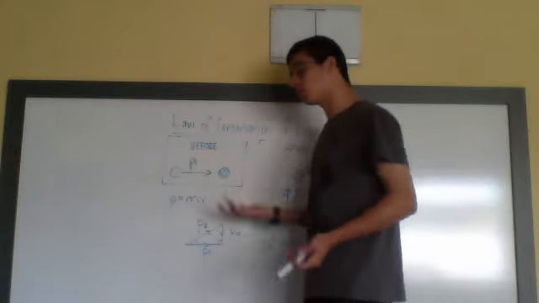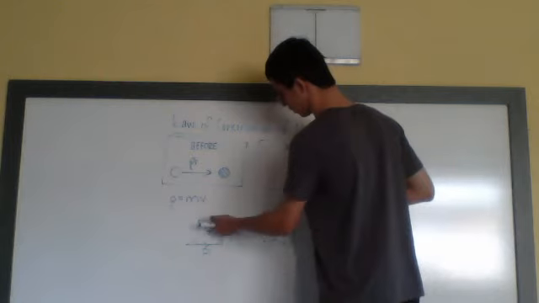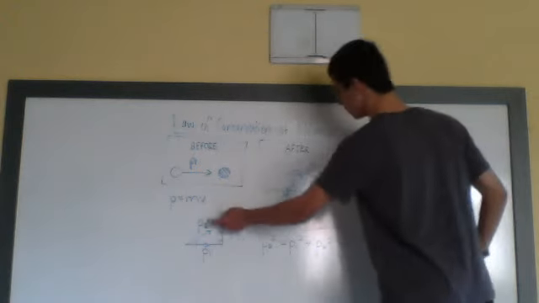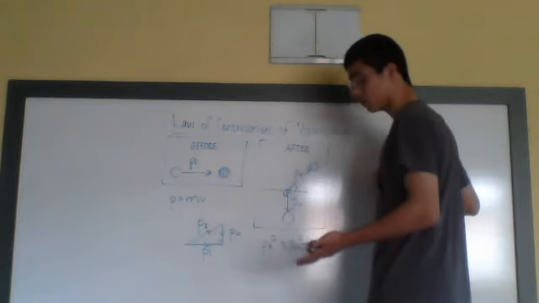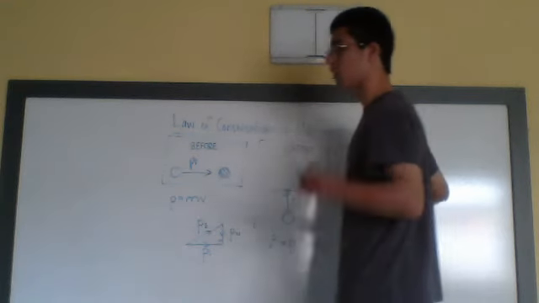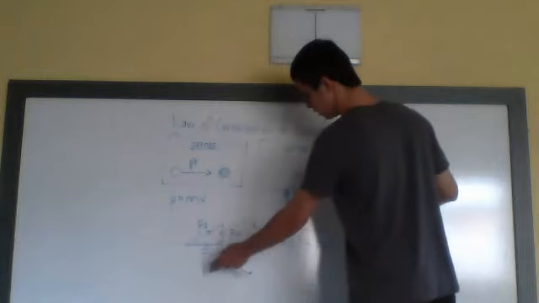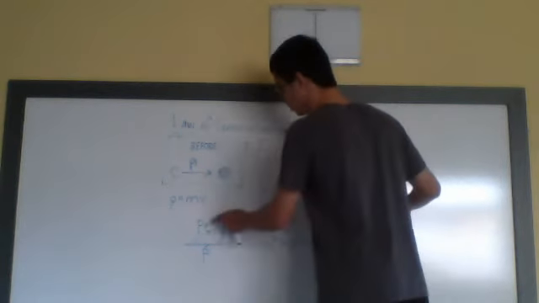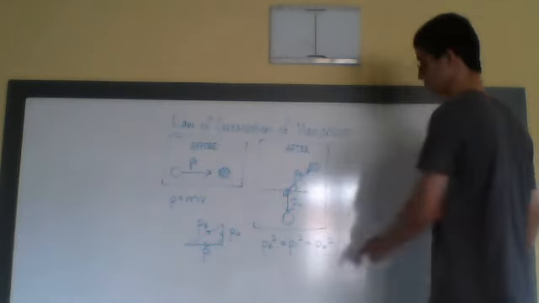And if we wanted to figure out any of these components, say the black ball's momentum after collision, Pb, which is at an angle, then we simply apply Pythagoras theorem, which is a squared plus b squared equals c squared, or in this case, Pb squared equals pi squared plus pw squared.